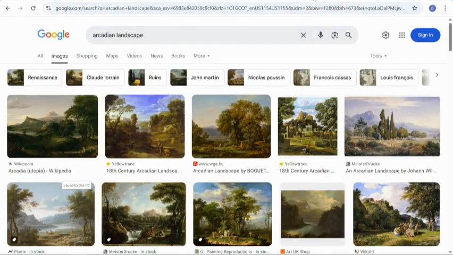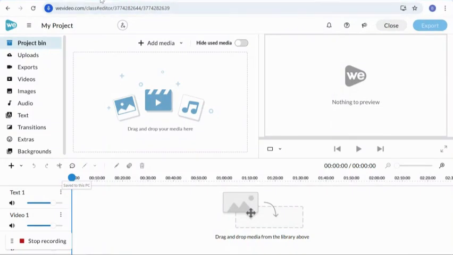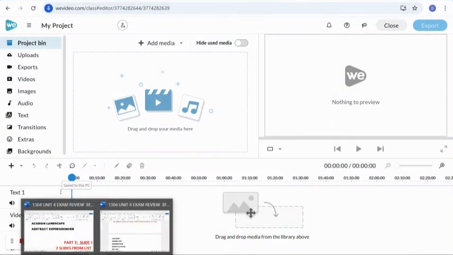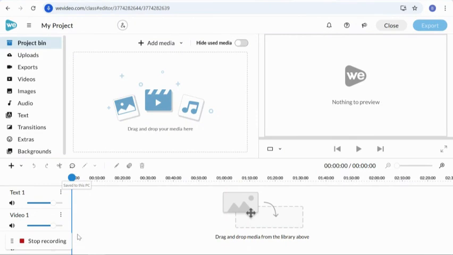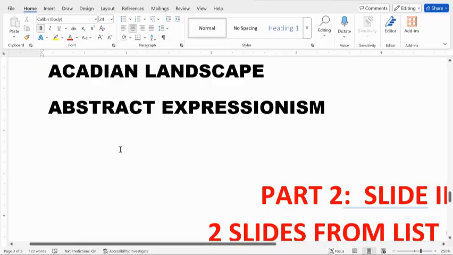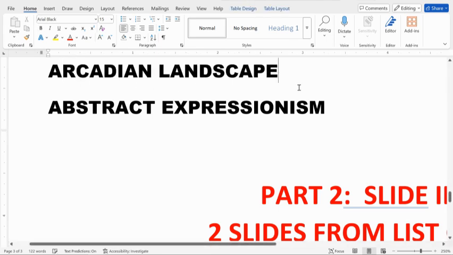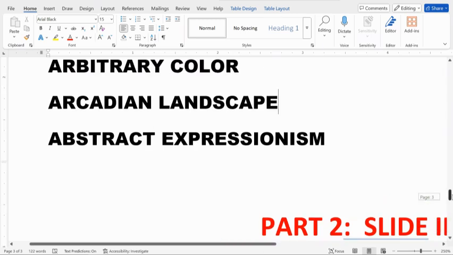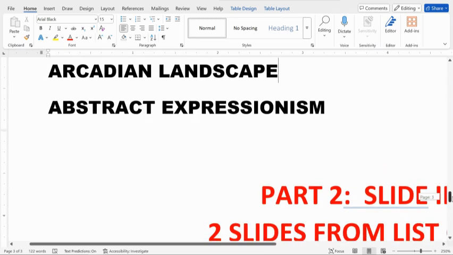That is a typo. Arcadian landscape: we just have to know the features and traits in it. So you need to know the definition of it. Anyway, anybody have any questions about Arcadian landscape? You guys remember what that means?